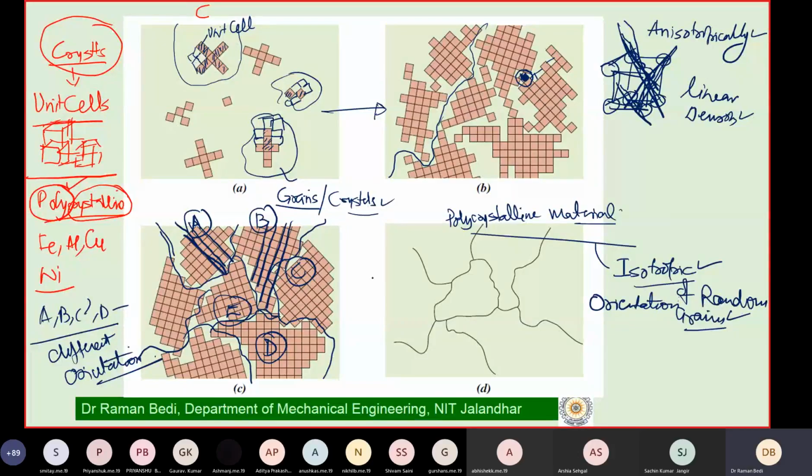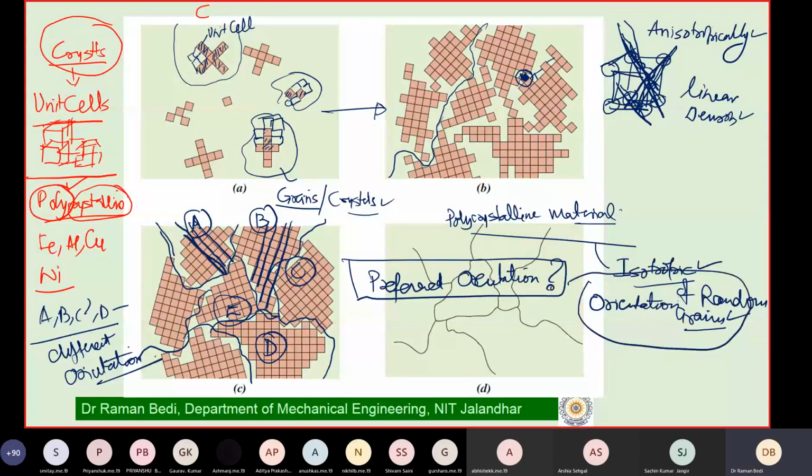We are not giving them what we call a preferred orientation. We are saying they are randomly oriented, and that is why a polycrystalline material behaves isotropically. Although at the individual crystal level they are anisotropic, there are millions of crystals in a bulk volume of material, and all of them are randomly oriented, which gives the isotropy.